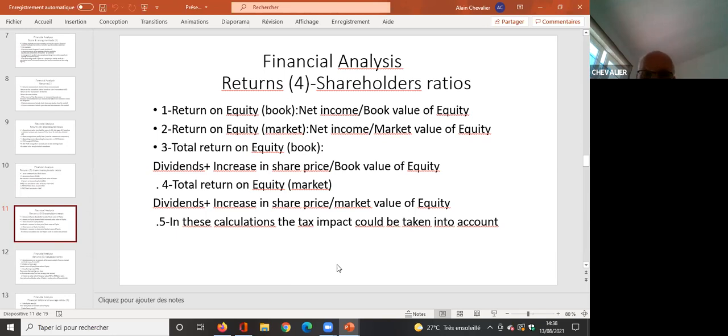But in all the other cases, the only simple information you get is the book value. But you understand, because we said a few words on that, also on market value to book value.